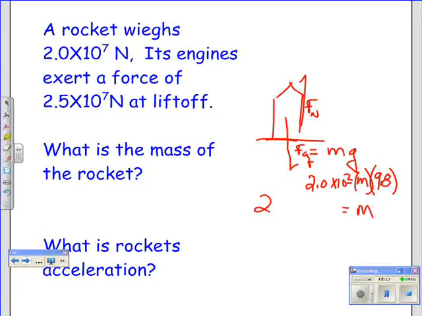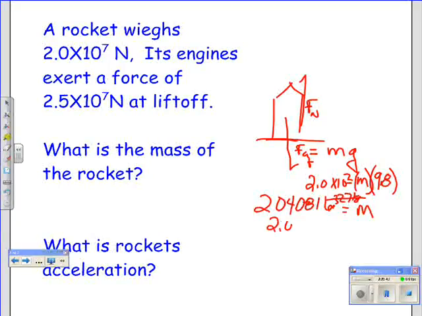About 2 million kilograms. Okay, we can't have that. How many significant digits do we get? 2. So all of these digits over here are insignificant.